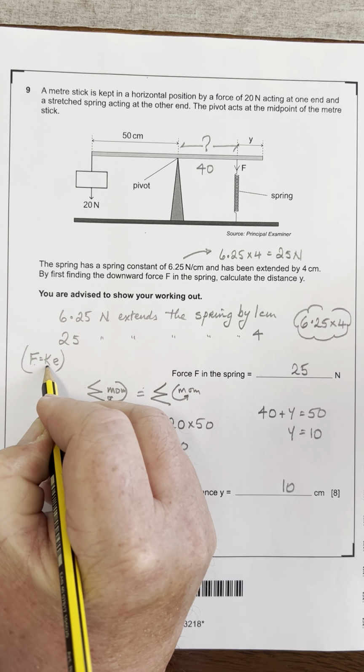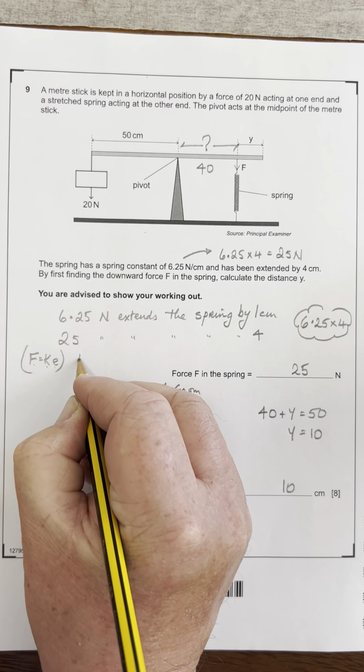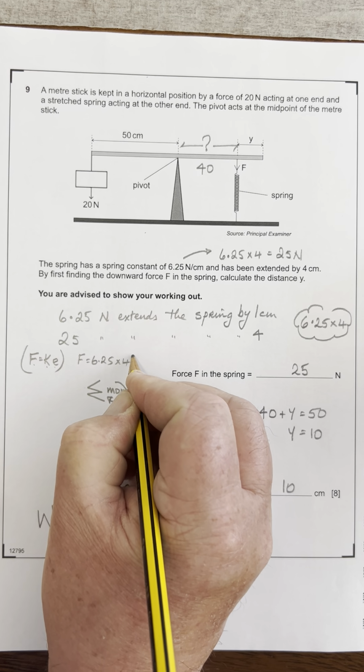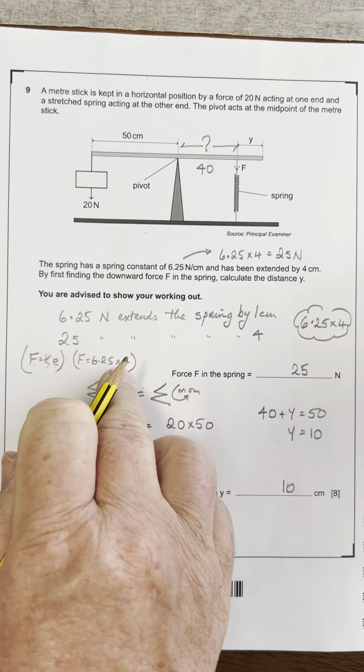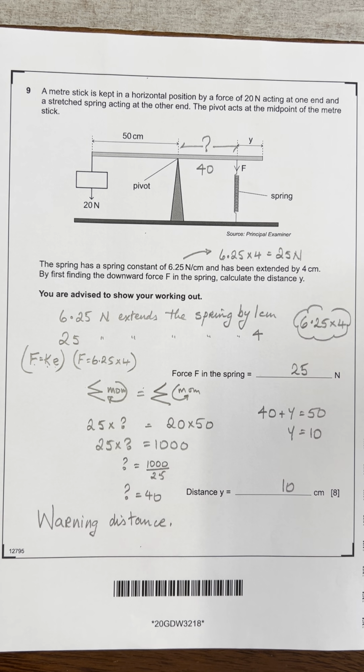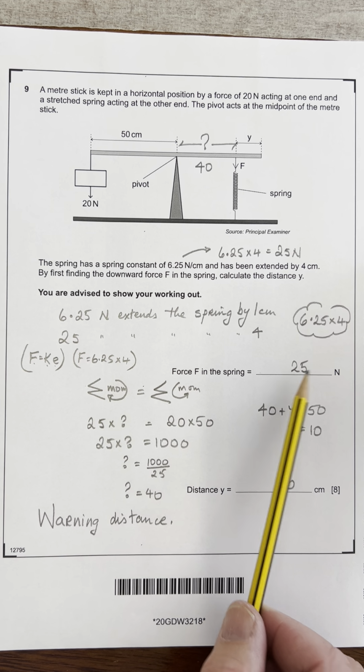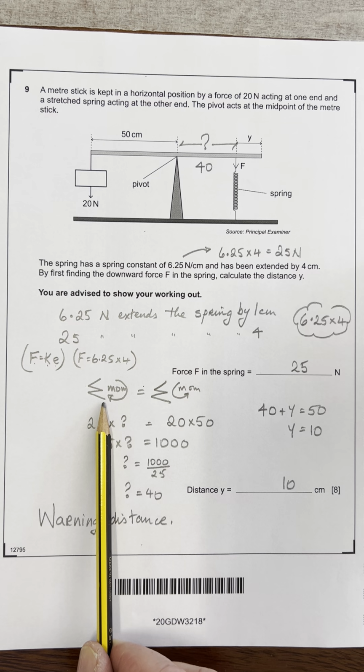Force is equal to the spring constant by the extension. So the force is 6.25 by the extension is 4. And always be wary of the examiner and the extension, because he'll give you a new length and the old length and you work out the extension. 25 newtons.